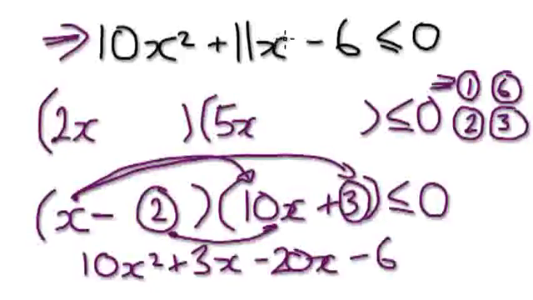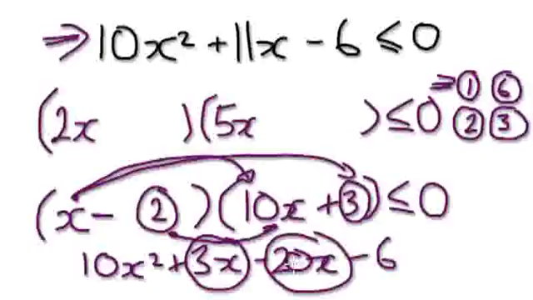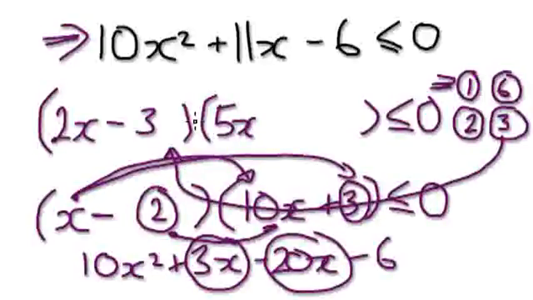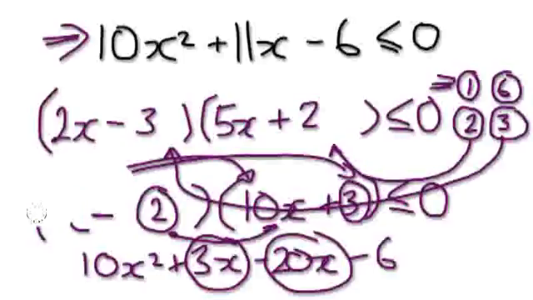The bit that we're trying to get is positive 11x. Looking at this here and this here, this will give us negative 17x, which is no good. So we're just going to have to play about until we get it right. Let's try putting negative 3 in here, and then positive 2 in here. It's just a matter of playing about.